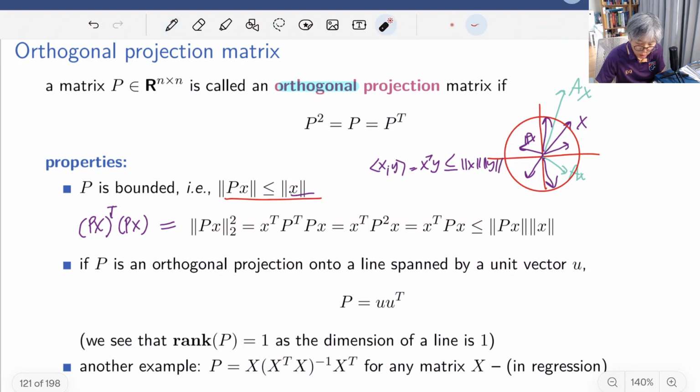We think of this as x and this as y, so it's bounded by the norm of Px times the norm of x. One term cancels, so you get that the norm of Px is less than or equal to the norm of x. When you have a mapping P where the norm of the image is always less than the norm of the original, we say that transformation is bounded.